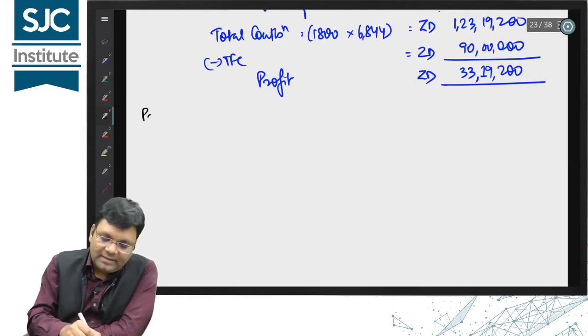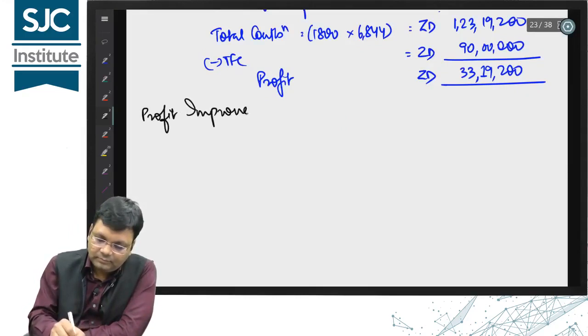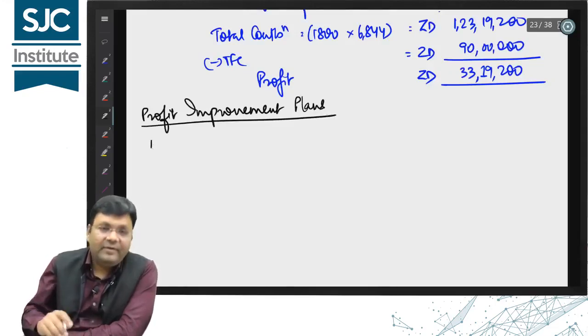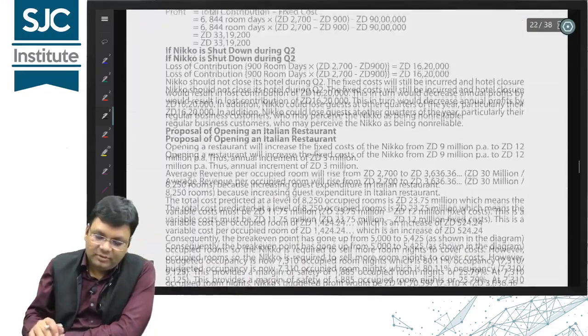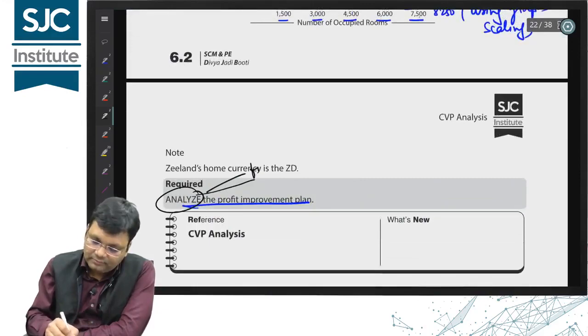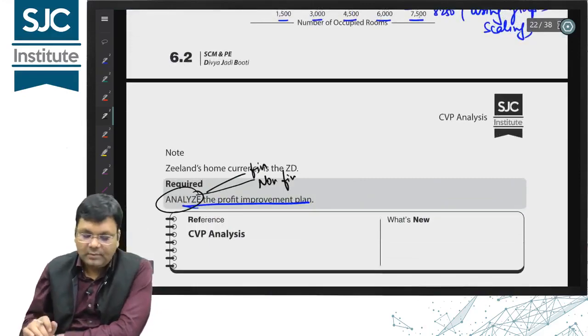So now we are analyzing profit improvement plans. Whenever you analyze, remember you should analyze with both financial and non-financial angles.